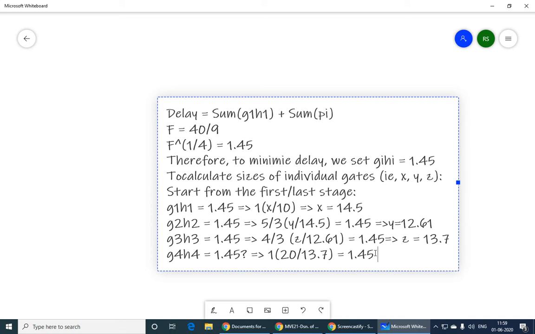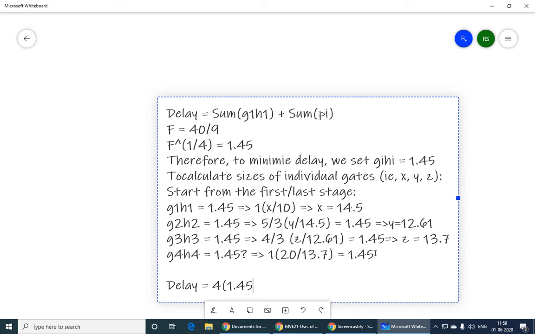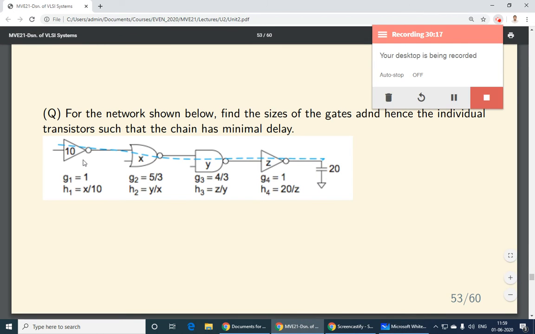And finally, we can calculate the delay equal to 4 times 1.45. This is the term n into f to the power 1 by n. N in this case is 4, f to the power 1 by n is 1.45. So 4 into 1.45 plus the summation of p_i. What is the parasitic delay for each case? This is an inverter 1, 2, 2, 1.